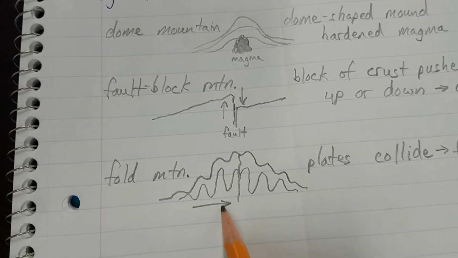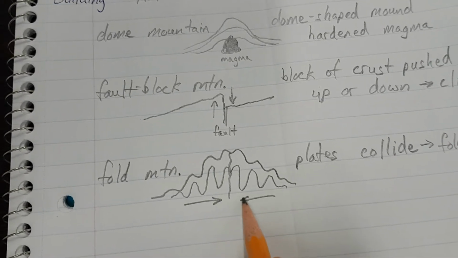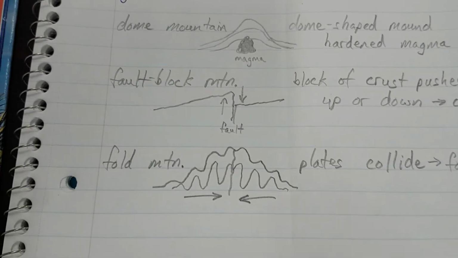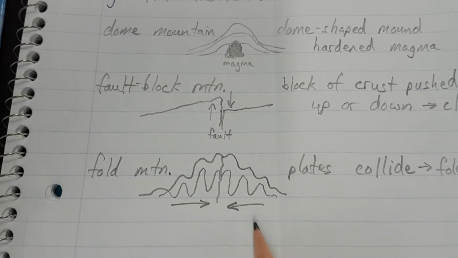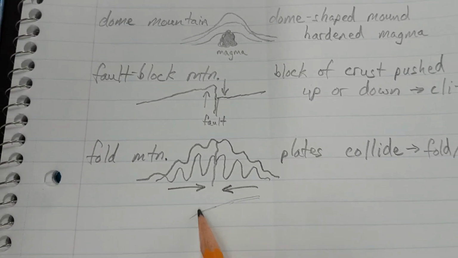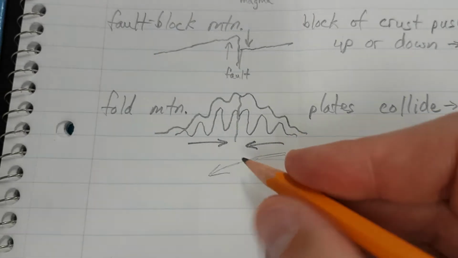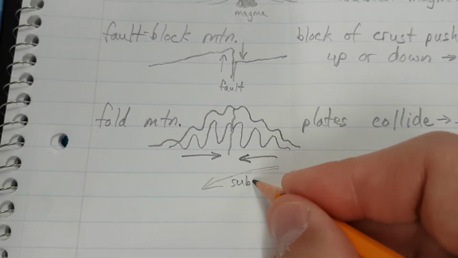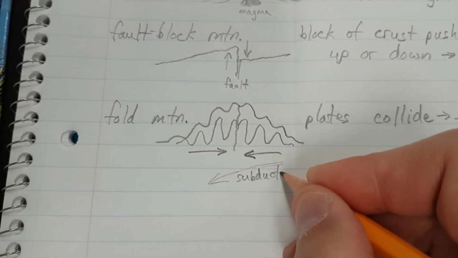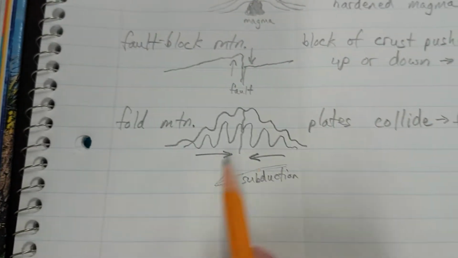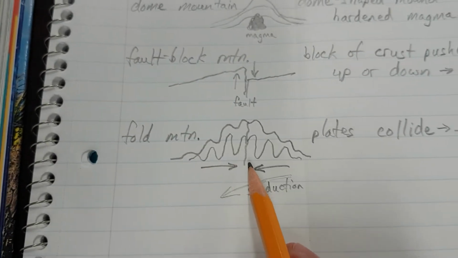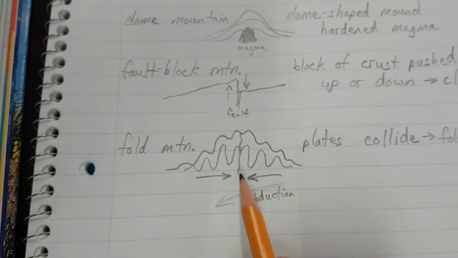And an arrow coming together. And an arrow coming together. So when the plates collide, sometimes you'll get some subduction, but at the top surface, at the very top of the crust, you'll also get folding and crumpling to create fold mountains.